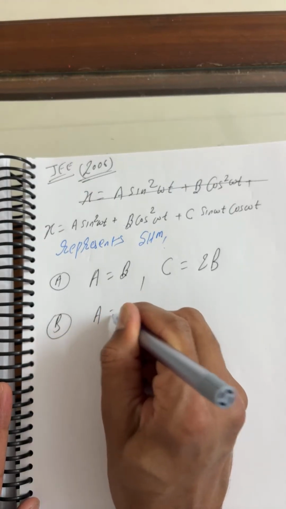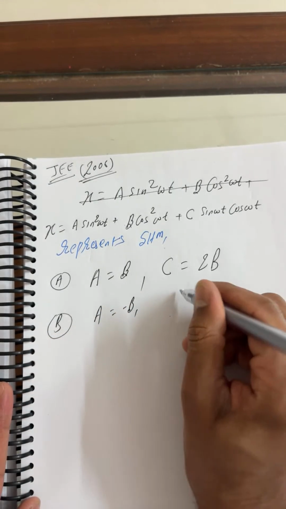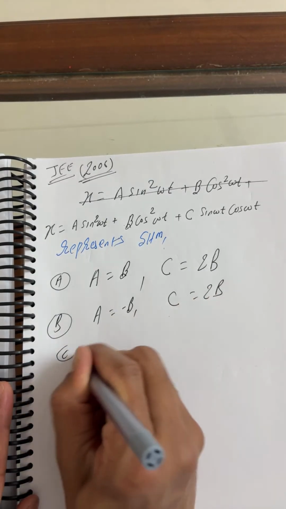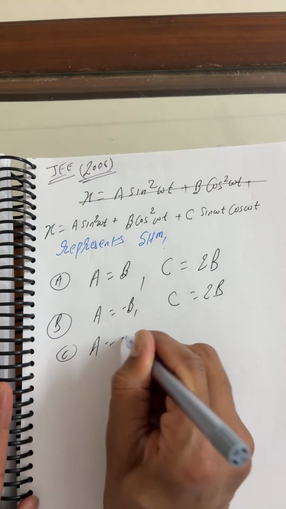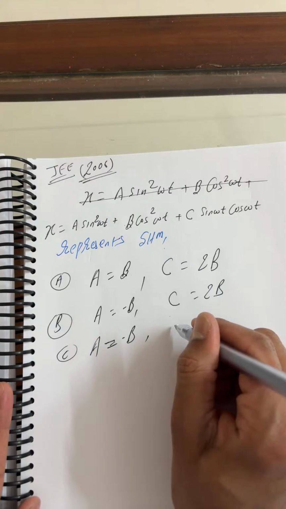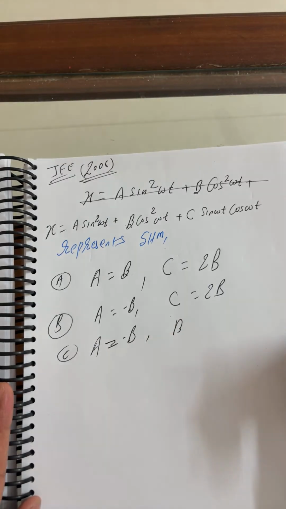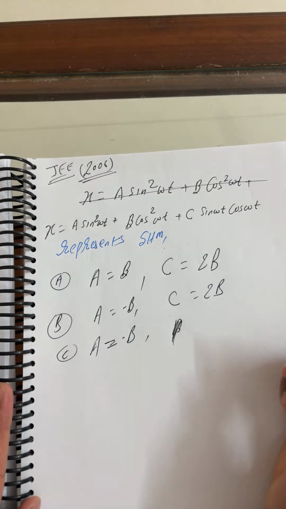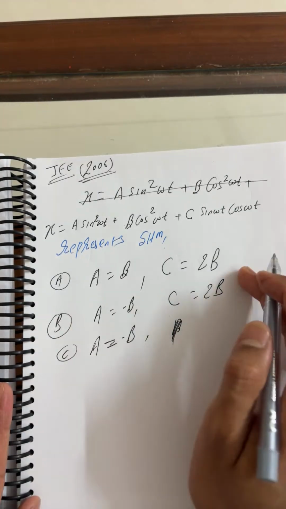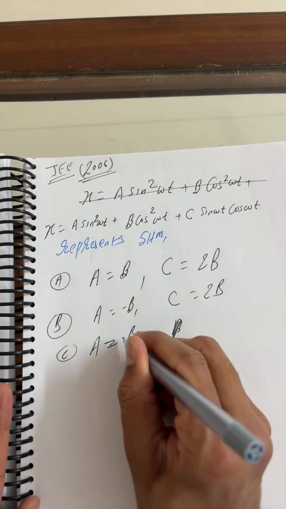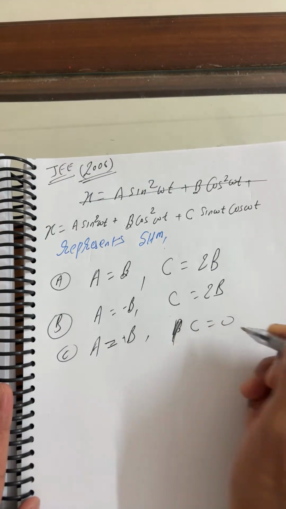Next, A is equal to minus B and C is equal to 2B. Option C: A is equal to minus B and C is equal to 0. And A is equal to plus B and C is equal to 0.